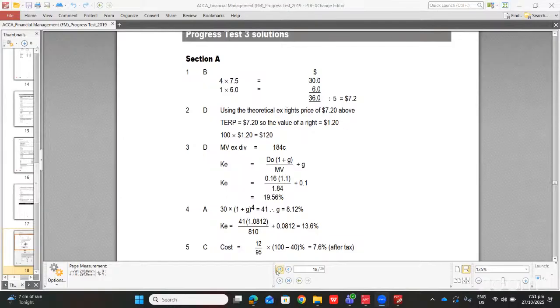So times 1 minus T, so it would be 0.6 times 12, right? Over the market value. And they said the current market price is $95. So it's over the market value of 95, giving you 7.6%. The answer being C for question 5.